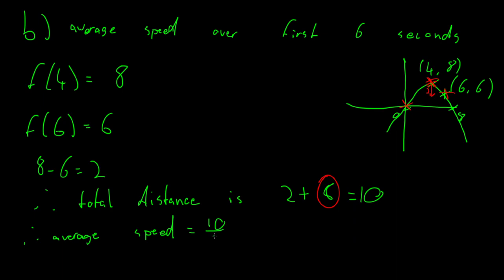So 10 divided by 6. So speed equals distance divided by time equals 5/3 meters per second. Alright, that's the answer to this question. Yeah, good fun.